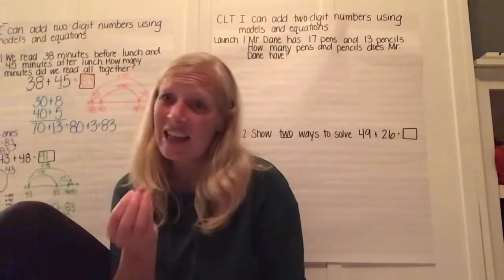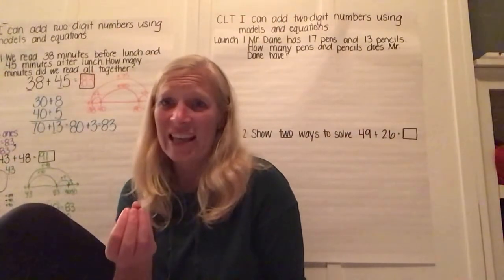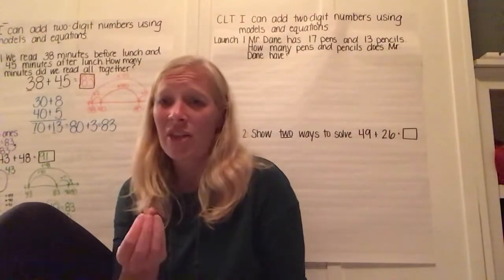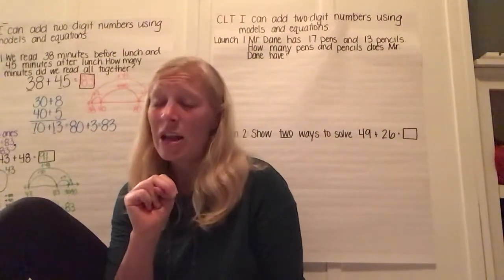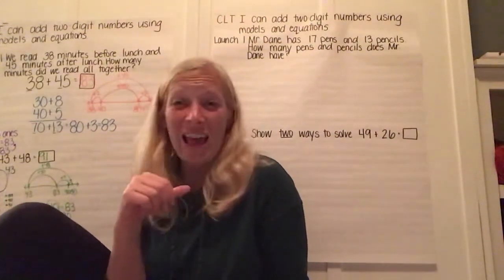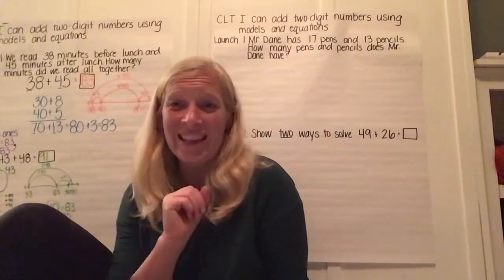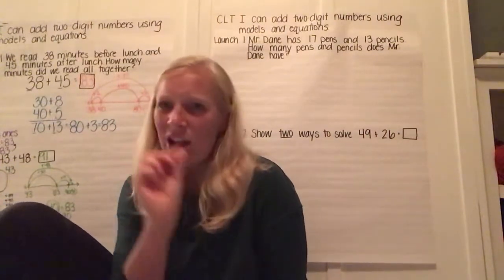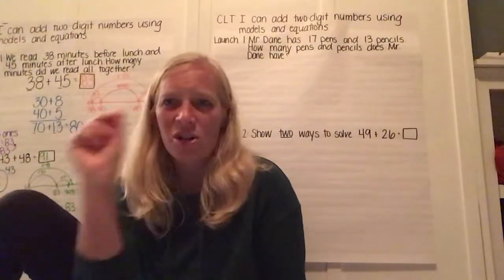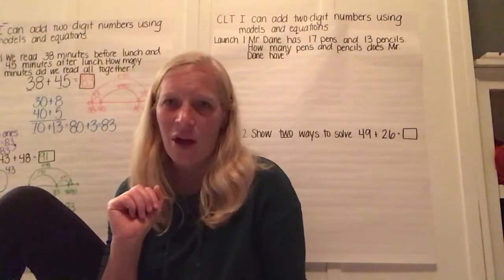We have to decompose that second number to make it easier to add, but we can start with that first addend. Maybe we're using a number line where we're jumping to a friendly number or jumping a 10 to make it easier to solve.